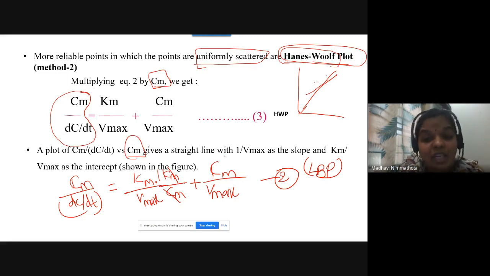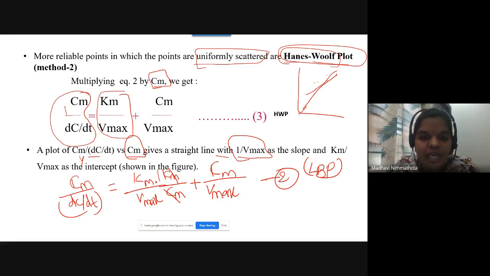Then it will give a straight line with 1 by Vmax as the slope and Km by Vmax as the y-intercept. You plot the graph between Cm by dc by dt versus Cm, then you yield 1 by Vmax as the slope and Km by Vmax as the intercept.